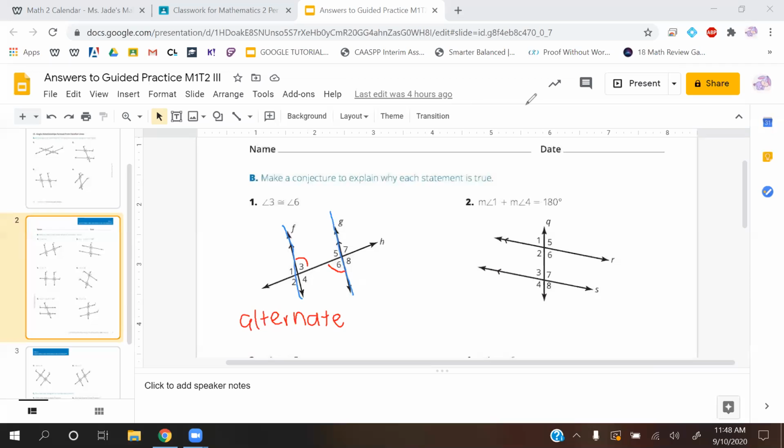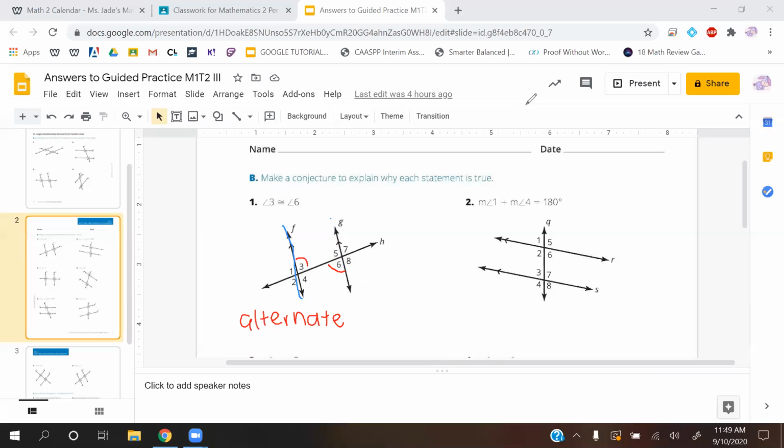Are they in between or are they outside of my parallel lines? They're inside, in between. Yes, like if I just made a rectangle out of my parallel lines, they're inside my rectangle.